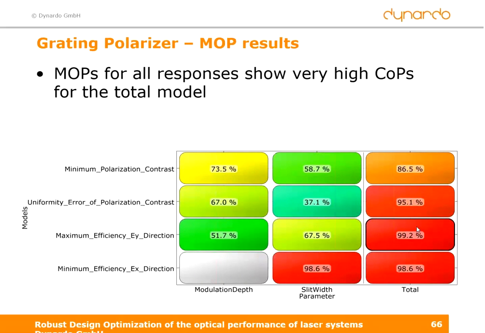You see again here this COP matrix, where you see that our models are quite good for this total COP. And you can see also that only the minimum efficiency in X direction doesn't depend on the modulation depth. All the other responses depend on both input parameters.